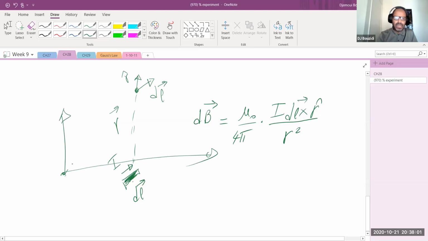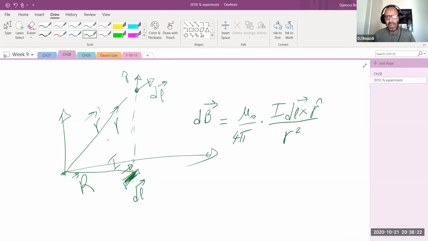You can call it r prime if you like, and this is the r that interests us. This is probably where the wire itself has its own unique coordinates. So this is complicated stuff. This is not easy, at least to deal with algebraically. So when we're dealing with problems, we have to make them as simple as possible in order to calculate this. Compare this with Coulomb's law, where we were able to find the electric field.